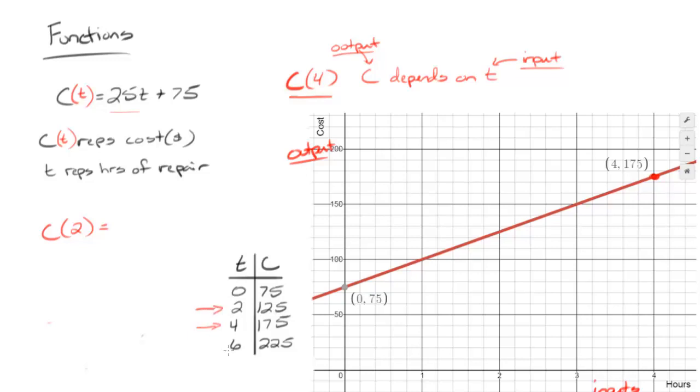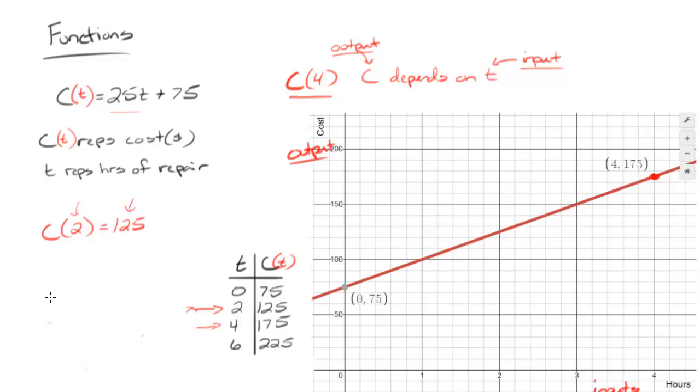Here, we're being told that when t is 2, c of t is 125. This line tells us that c of 2 is 125. In other words, if we input a value of 2 for t, we're outputting 125.